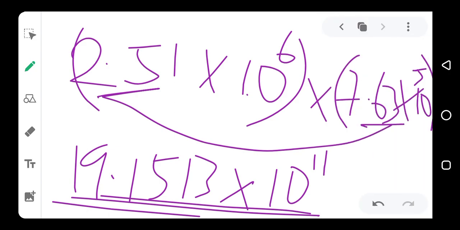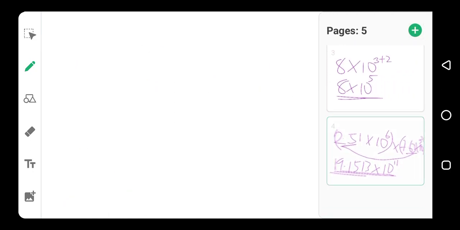So this is actually how to do multiplication of numbers expressed in standard form. Now let's look at division. If we want to divide numbers that are expressed in standard form, we divide the basic numbers, that is what you may call coefficients.